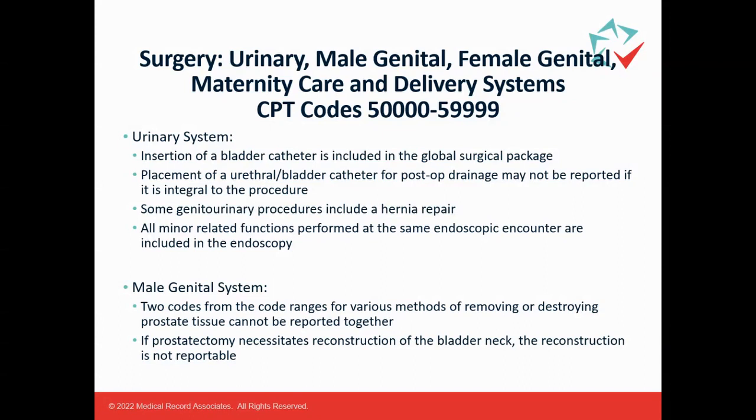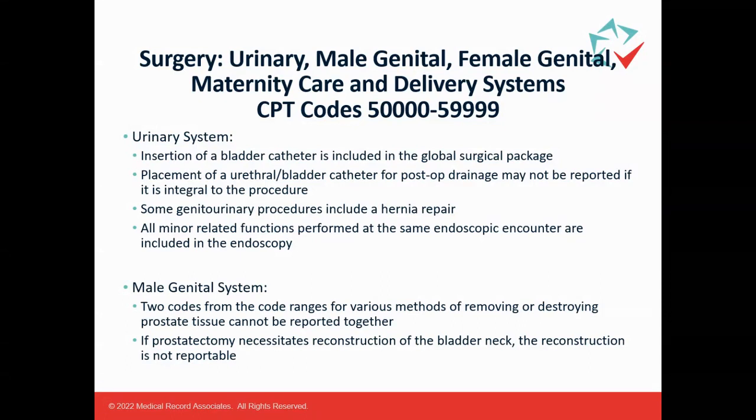Some genitourinary procedures include a hernia repair, so make sure you know those. Any minor related functions performed at the same endoscopic encounter are included and not reportable separately. Male genital system: two codes from the code range for various methods of removing or destroying prostate tissue cannot be reported together.